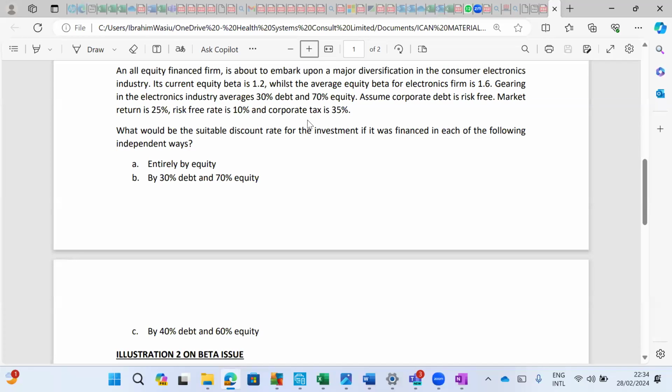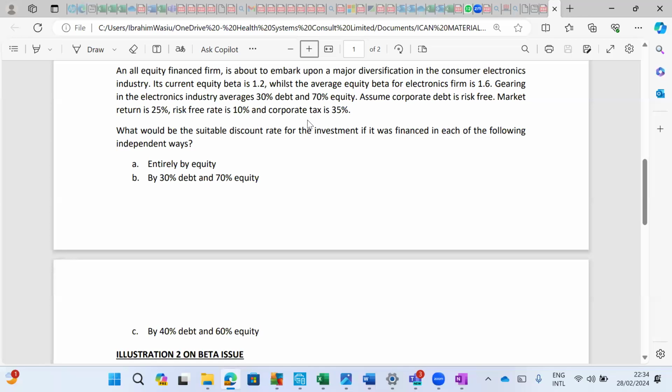Are you on the same page? Yeah. The average equity beta for electronic firm is 1.6. Before you can agree that this is equity beta, we need to check the gearing. The gearing in electronic industry averages 30% debt and 70% equity.